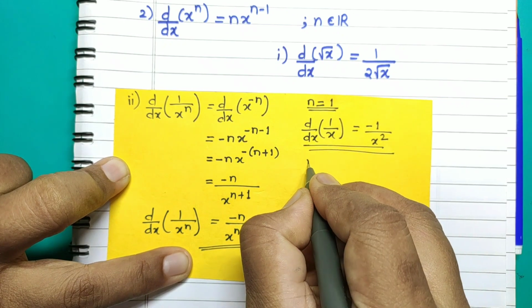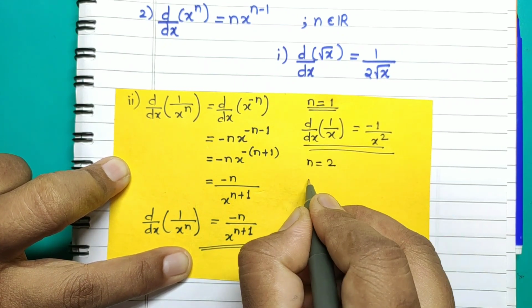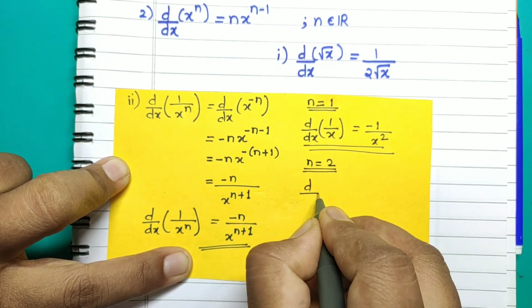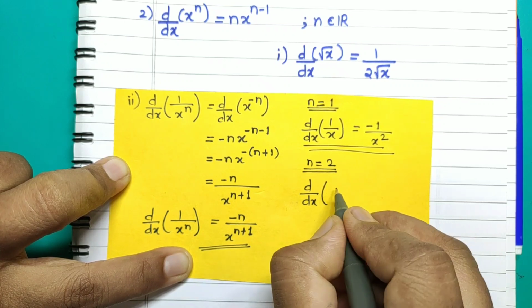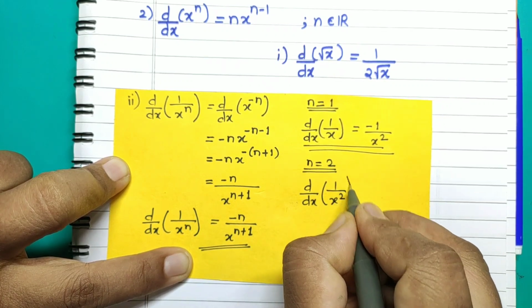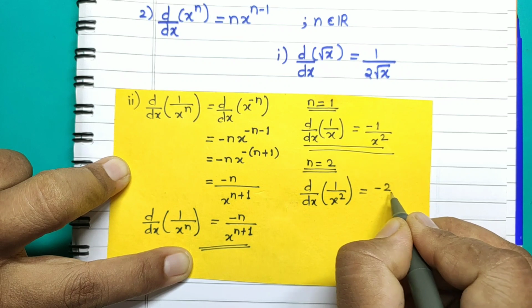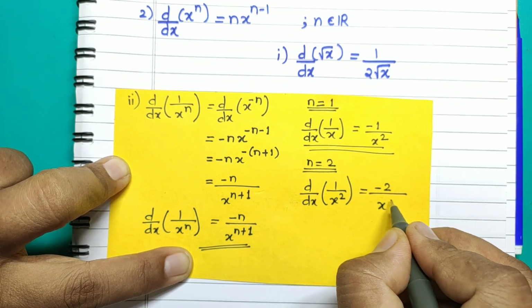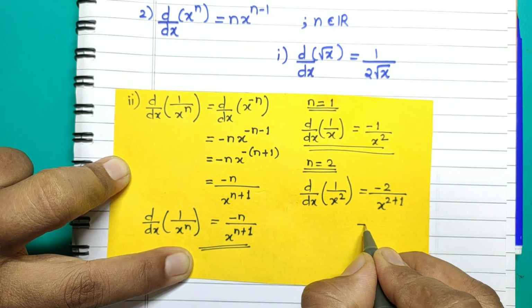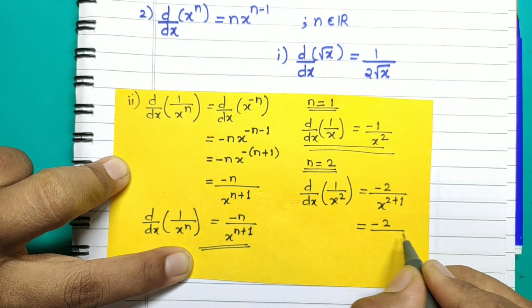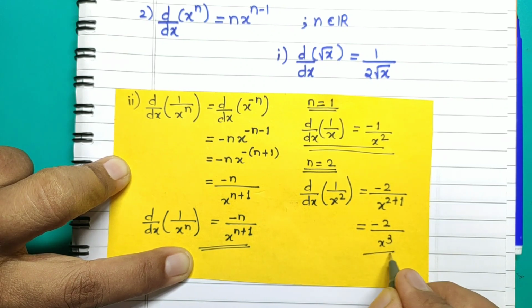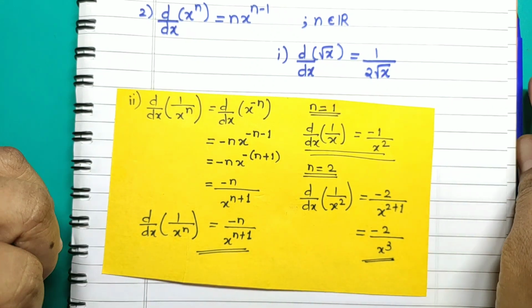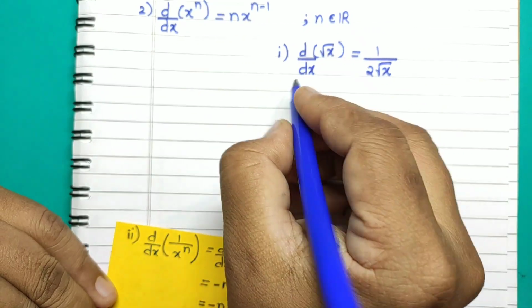In this case again, if n is equal to 2, then derivative of 1 upon x square is minus 2 upon x raised to 2 plus 1. So it is minus 2 by x cube. Okay. Let's add these results to our list.